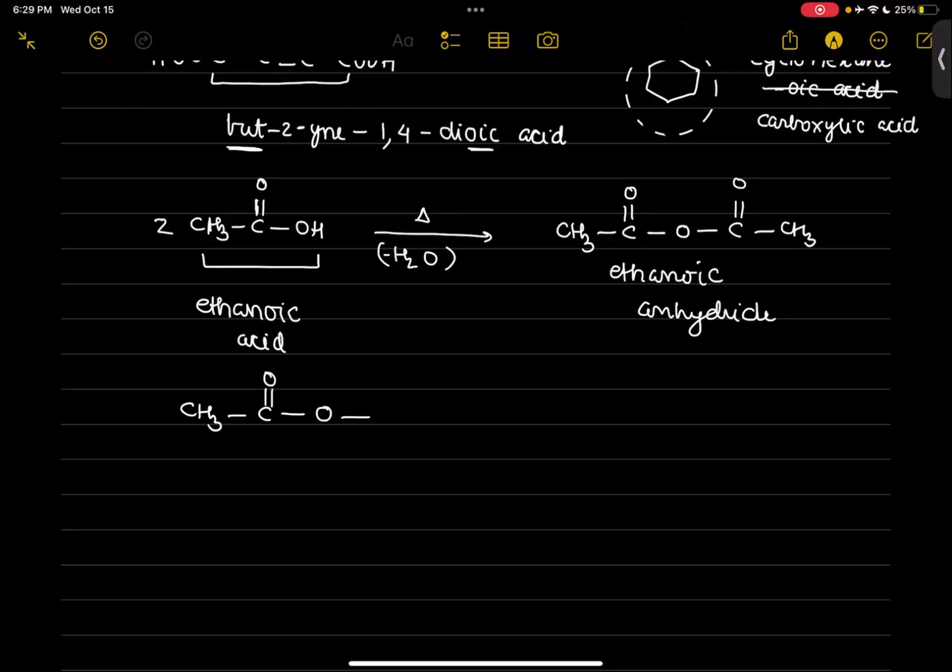Suppose if I write this, so this is also anhydride, but actually you can see the two parts are different.